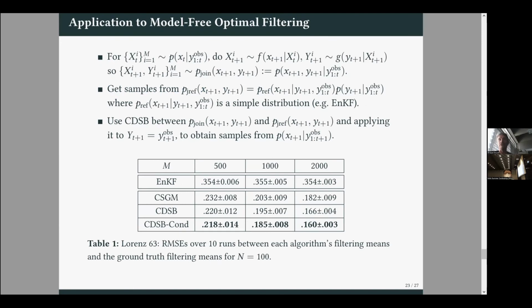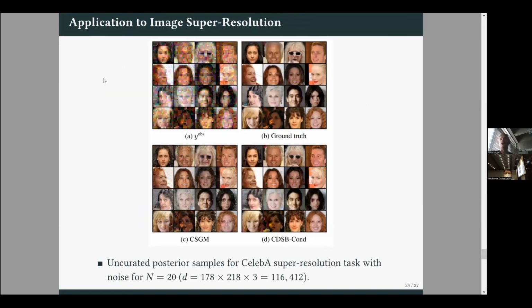Okay. So I give you an example here. This is an example where we use these techniques for image super resolution. So these are the ground truth images. I assume I have access to a degraded version of the observation.